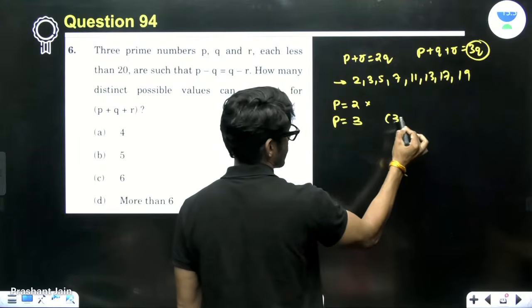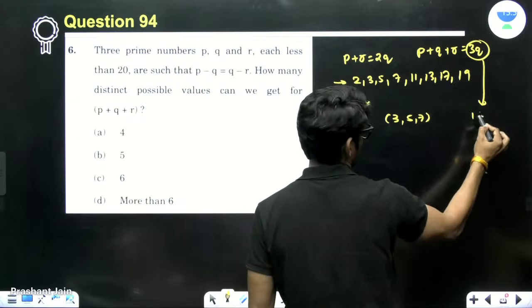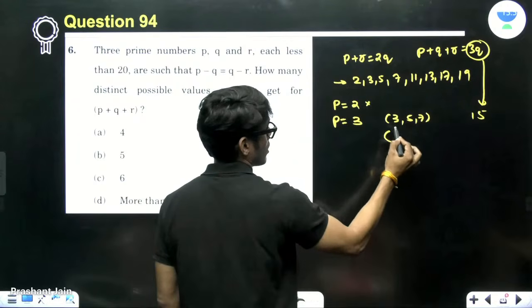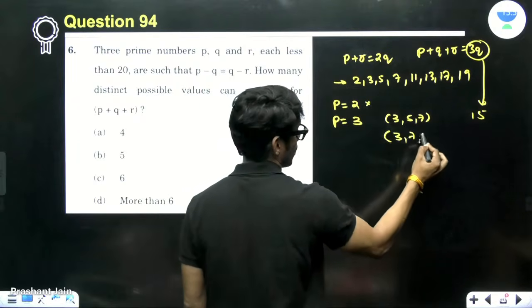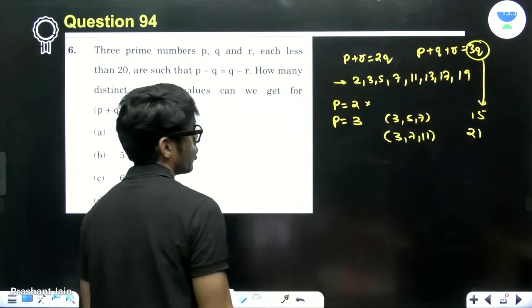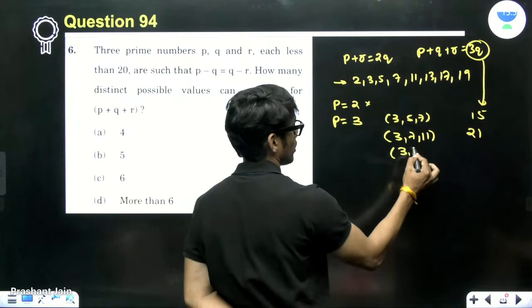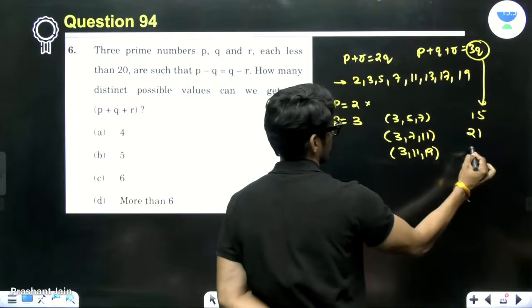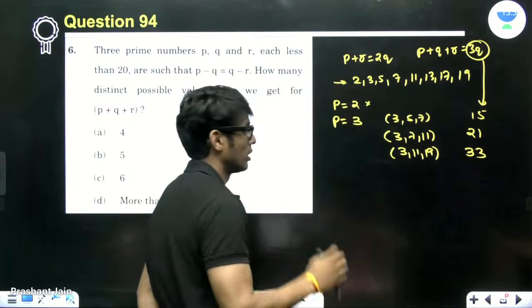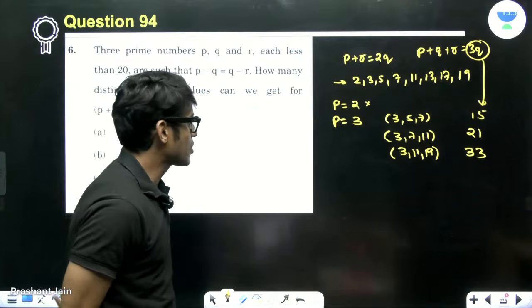Then you have 3, 5, 7, and this becomes 15. 3, 7, 11 gives 21. 3, 11, 19 gives 33. Do you have anything else for 3? No.